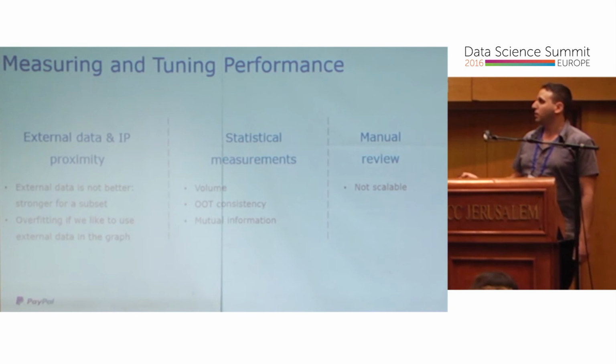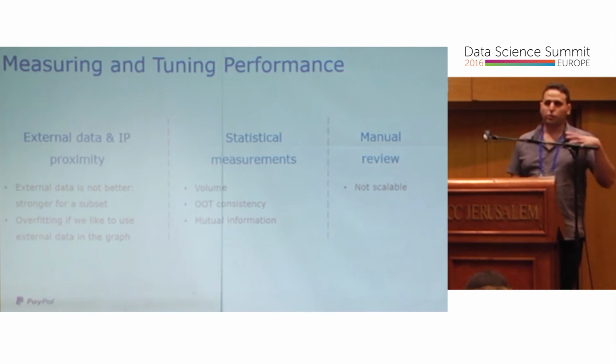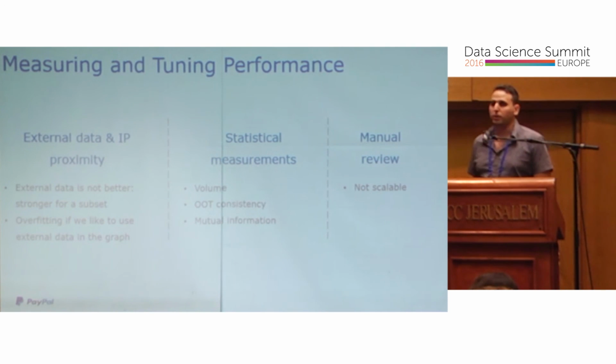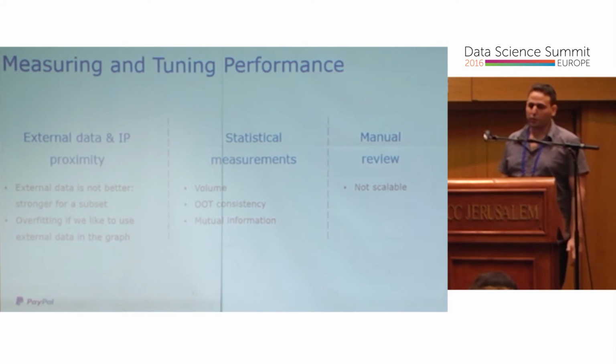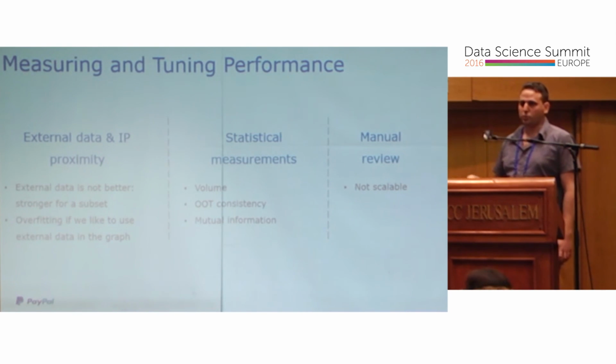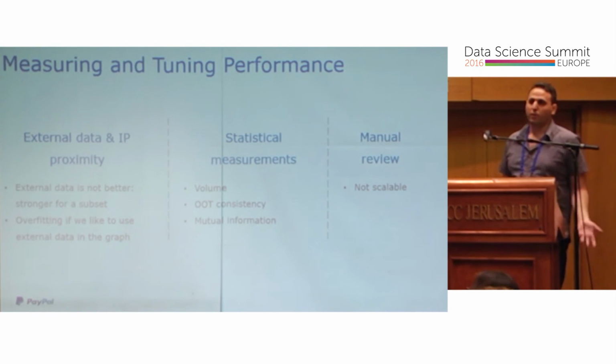The second thing is statistical measurements. I mentioned that lots of papers compare a clustering algorithm using, usually they would look on statistical measurement such as mutual information. Statistical measurements are very important, and we use them quite often to tune our algorithms, but it's just not enough.